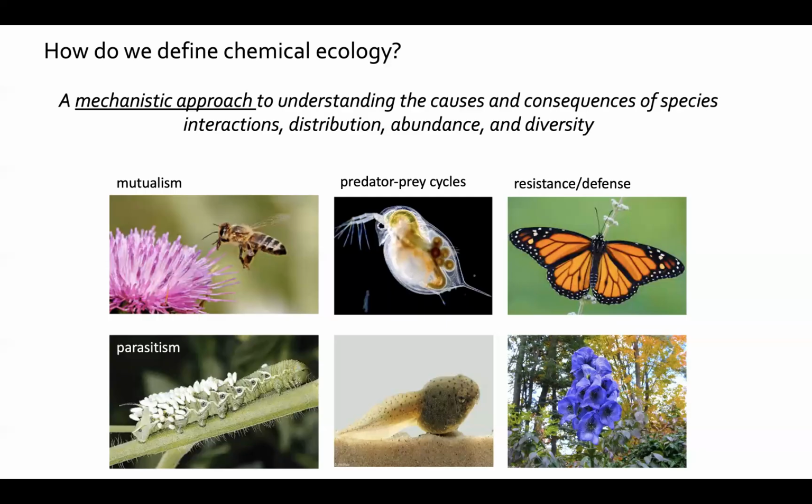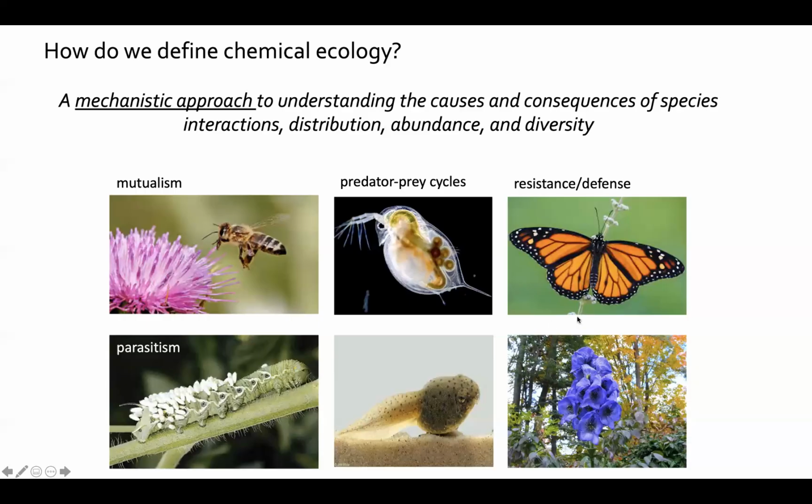Again, another topic I wish we had at least a semester to talk about together. Also, chemistry mediates predator-prey cycles. So this is Daphnia and a tadpole, and they can actually change their development based on whether or not they perceive chemical secretions from their predators, which is just so cool.